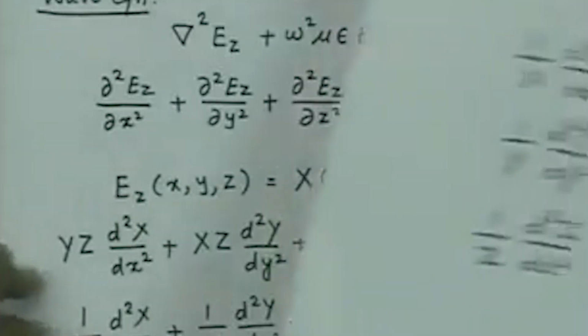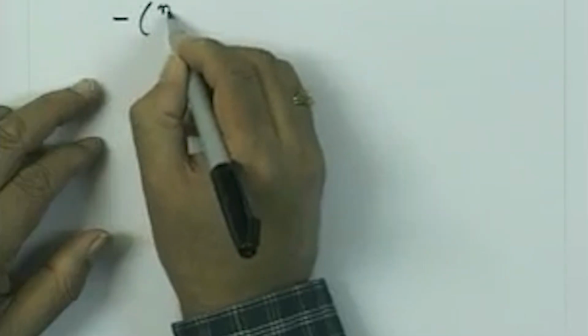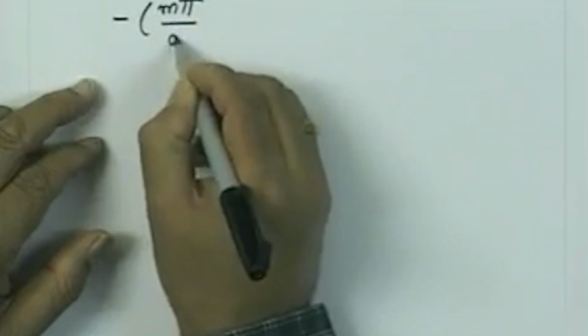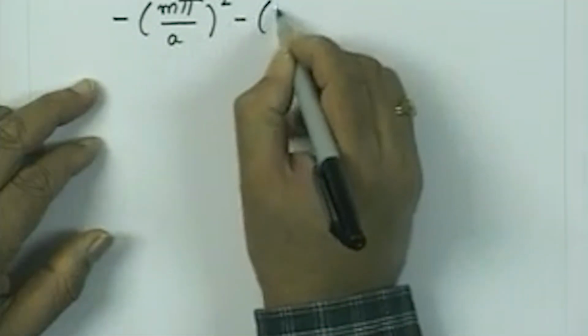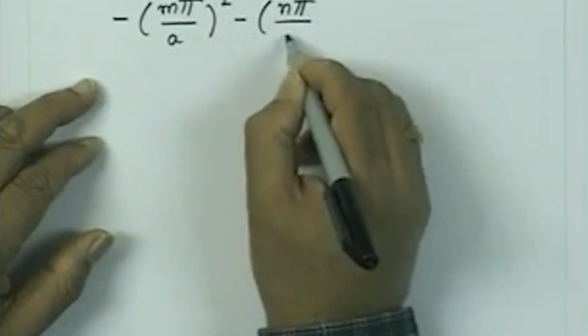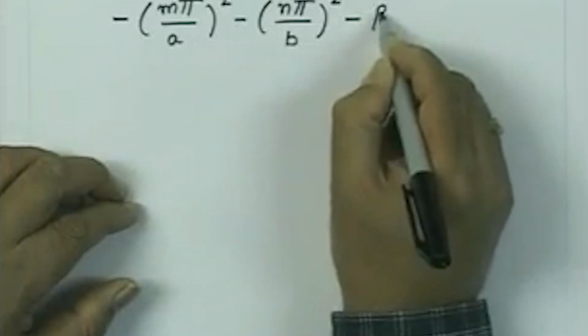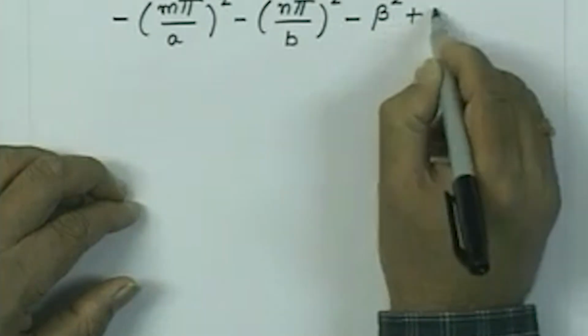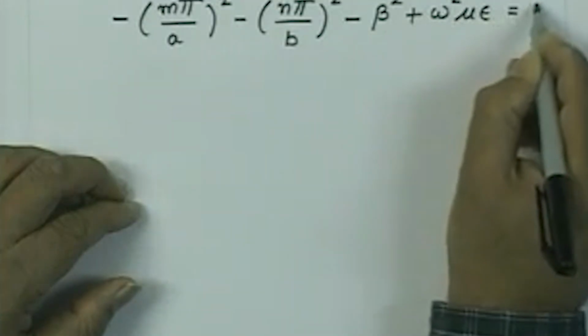So, we can go back and substitute into this to get a relation which is minus m pi by a whole square, minus n pi by b whole square, minus beta square, plus omega square mu epsilon is equal to 0.